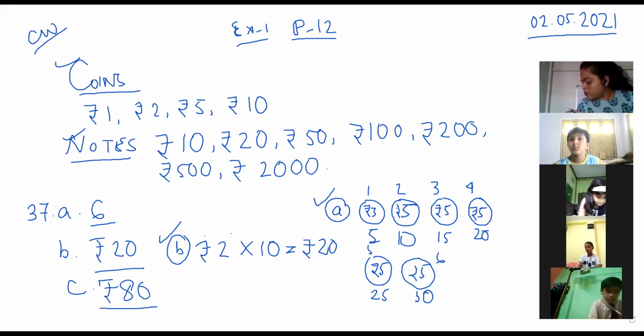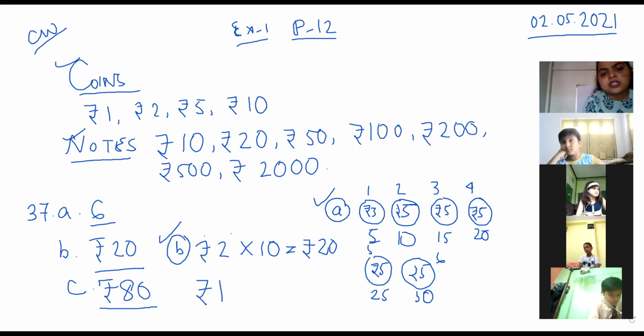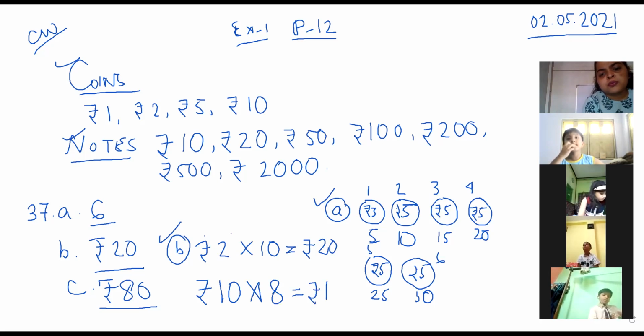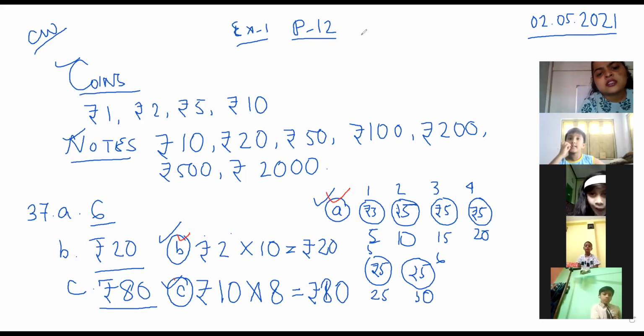Now here I'm giving you rupees 10 coins, and how many? 8 I'm giving you. So I'm multiplying. So here I got rupees 80. This is also the explanation of sum C. Whatever is written over here, all these things are sum C's explanation.